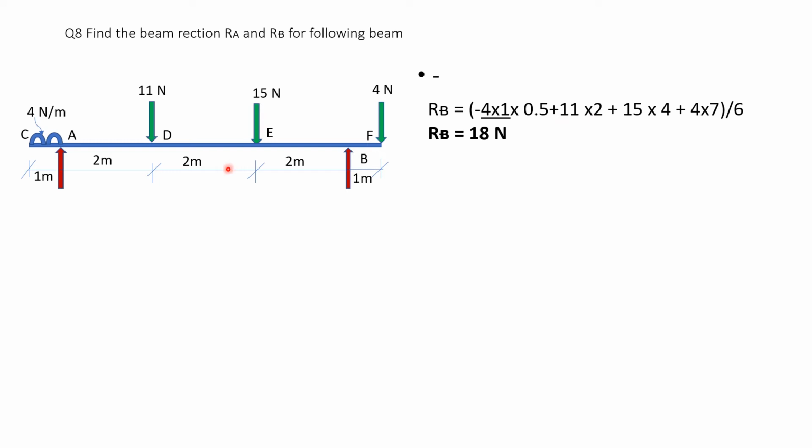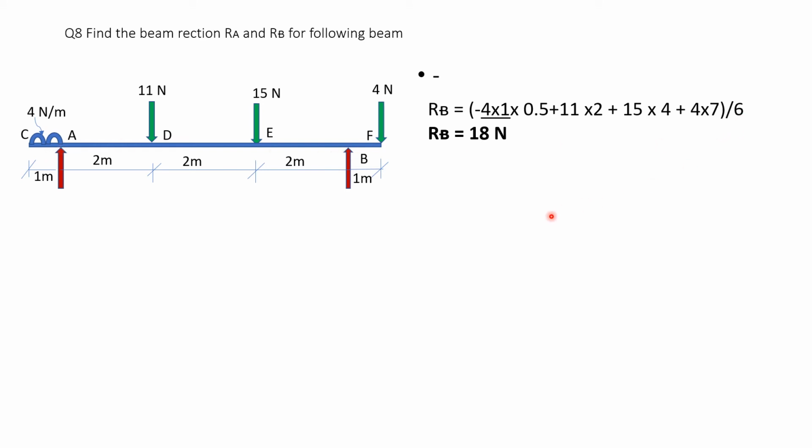For 15, it will be 15 into 4, again positive, plus 15 into 4. For this 4, now the distance from A is 2 plus 2 plus 2 plus 1, that is 7. So from A up to here, 4 into 7, and right hand side going down, positive, so plus 4 into 7. So we have taken all the forces, so put the bracket here, bracket open, bracket close, divided by the distance between A and B. From A to B, this is 6 meters, so divide by 6.